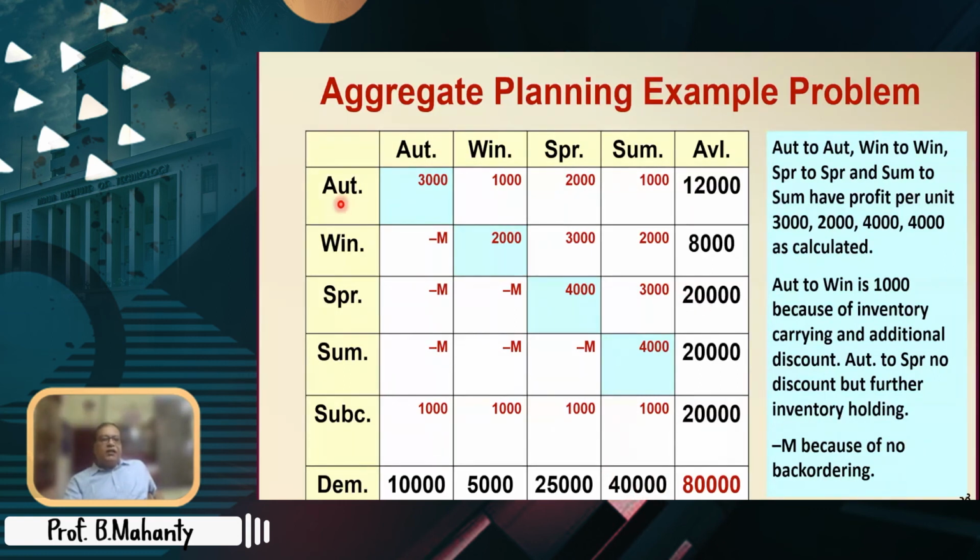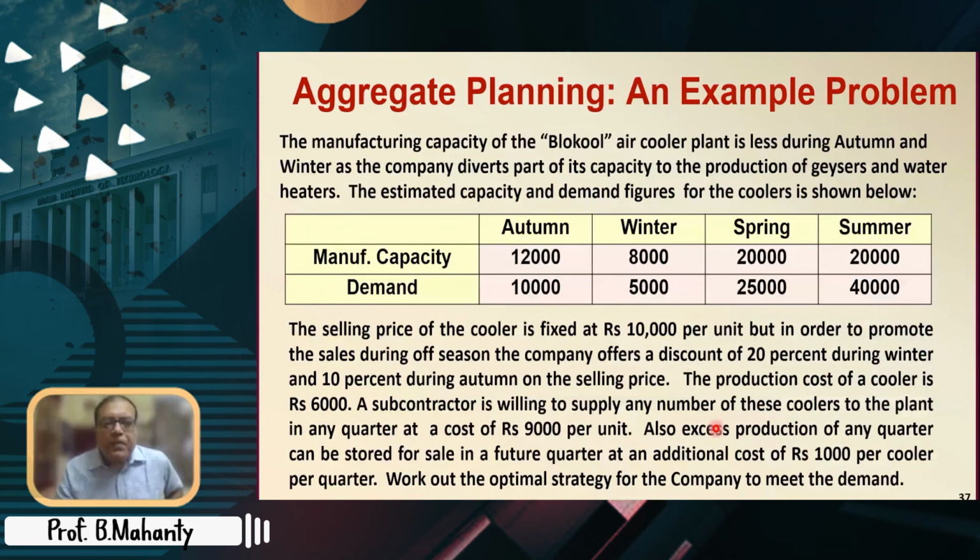And what are the availabilities? In autumn 12,000, winter 8,000, spring 20,000, and summer 20,000. So this total is 60,000. The demand total is 80,000. Now, since the subcontractor doesn't give much profit, because the subcontractor is asking 9,000 per unit, if 10,000 is the selling price, only 1,000 profit is obtained.